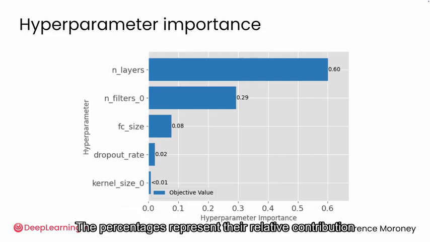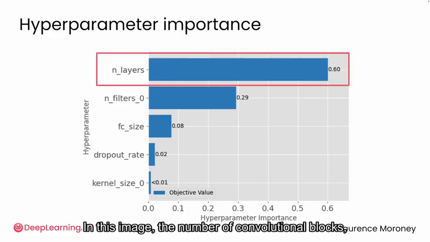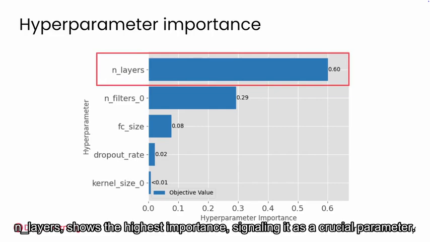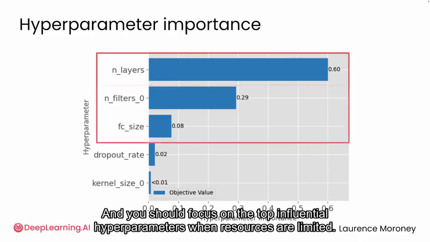The percentages represent their relative contribution to maximizing accuracy, and their sum adds up to 1. In this image, the number of convolutional blocks, n layers, shows the highest importance, signaling it as a crucial parameter. And you should focus on the top influential hyperparameters when resources are limited.